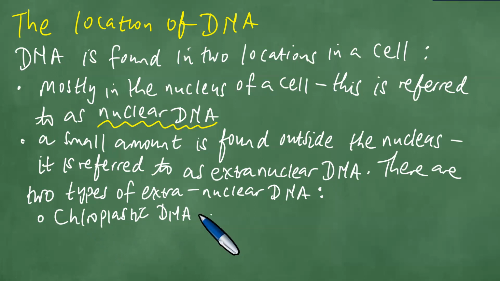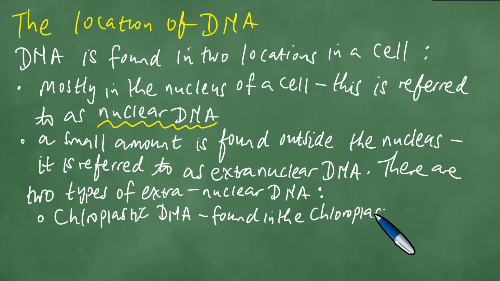What is the chloroplastic DNA? This one is found in the chloroplasts of plant cells. And the other is mitochondrial.